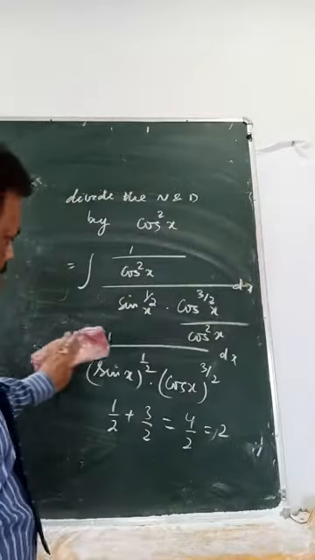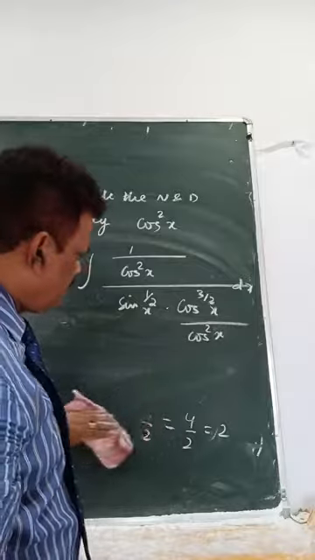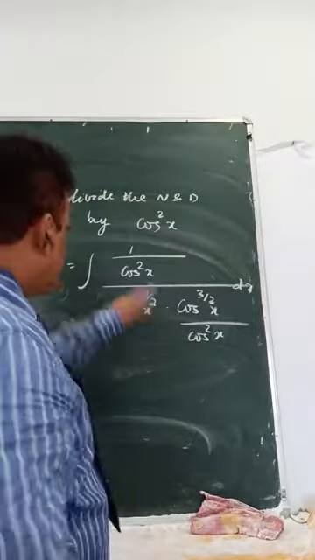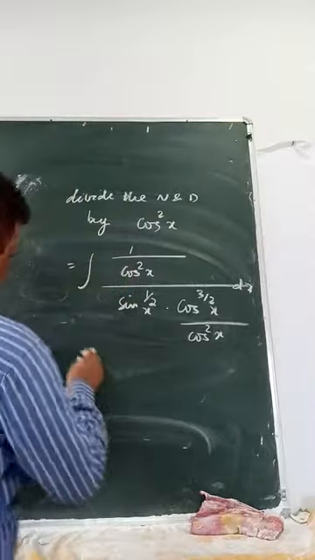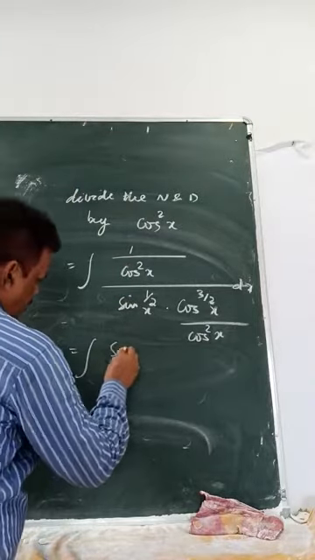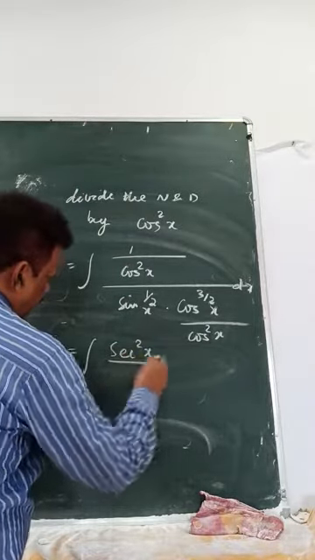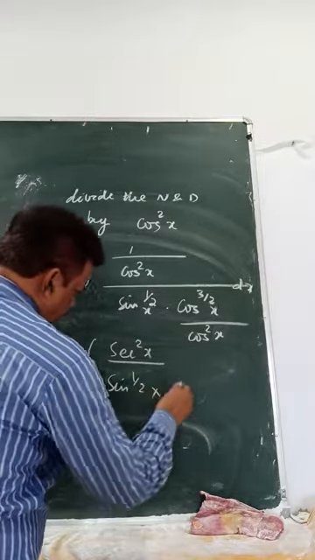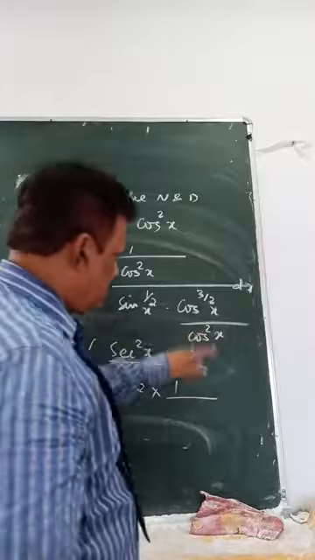Okay. A little lengthy, try to see. Then what will you get? This becomes sec square x by sin half x, cos 3 by 2 x.